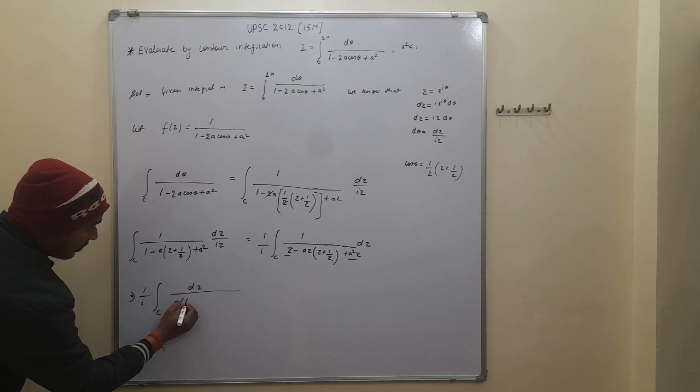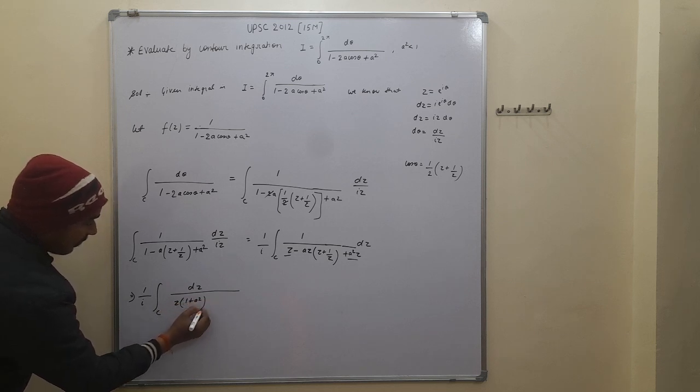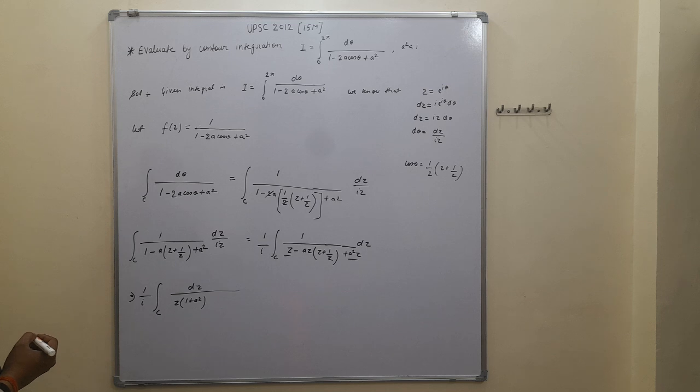Taking z common, this is 1 plus a square.